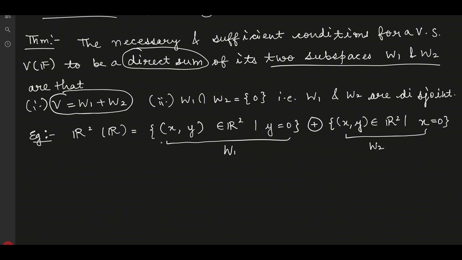R square over R can be written as the sum of these two subspaces, W1 plus W2. The second condition is these two subspaces should be disjoint. Tell me whether they are disjoint or not. Yes, they are disjoint.